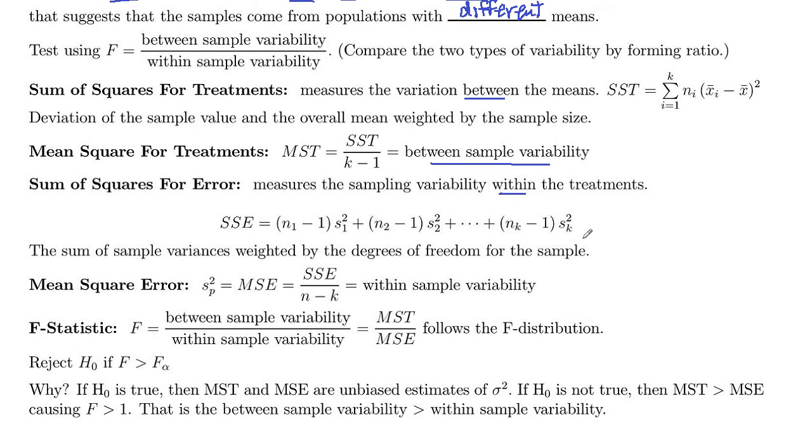So this is a weighted average here of variation inside the samples, and it's weighted by the size of the sample. So we've got sum of sample variances here, weighted by the degrees of freedom or weighted by the size of the sample. So this is a weighted average of the variance of the samples.